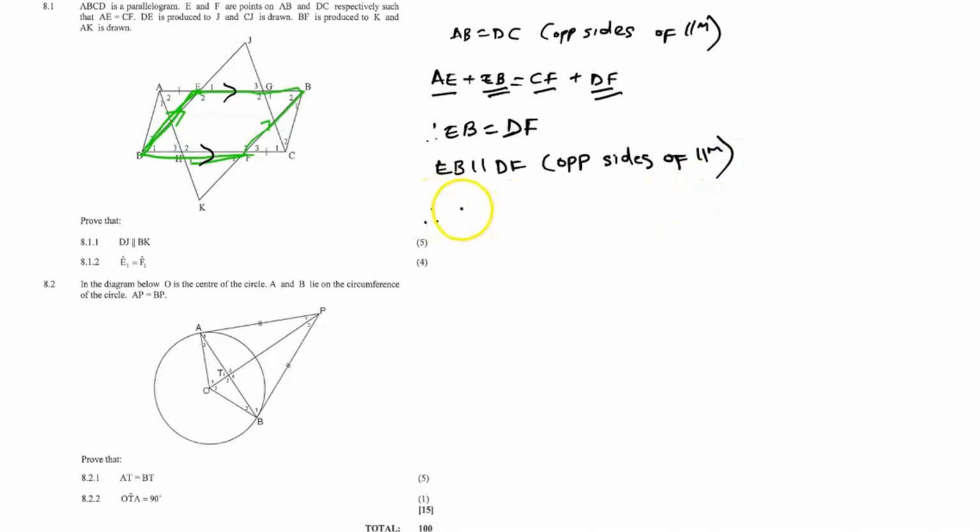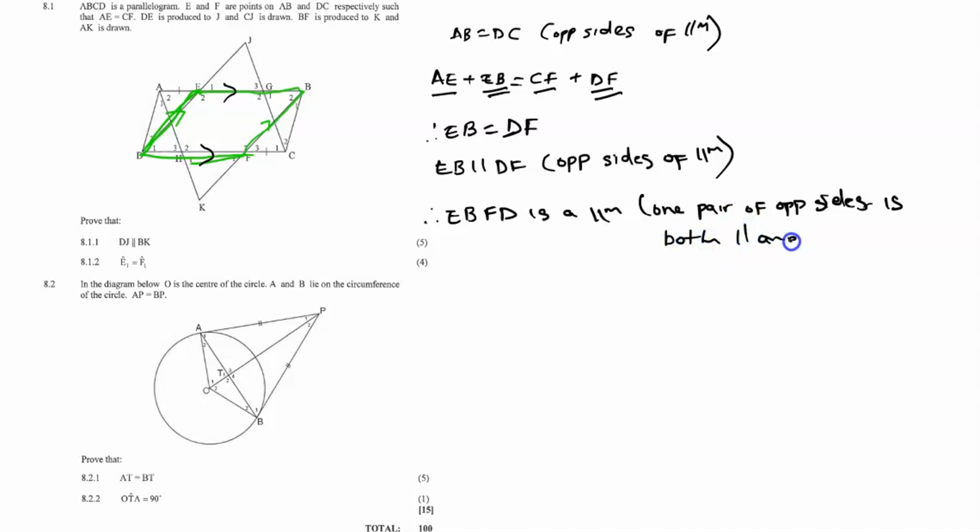Therefore, we can now say EBFD is a parallelogram because one pair of opposite sides is both parallel and equal.